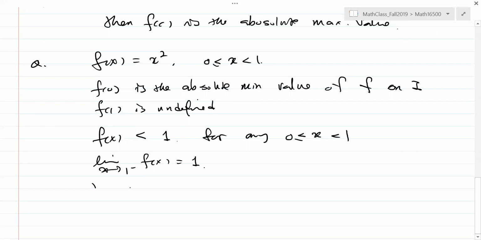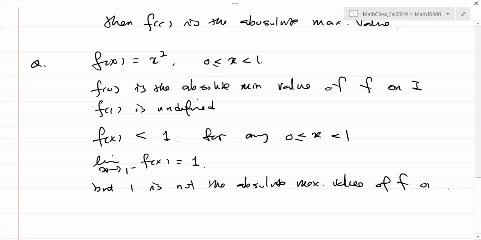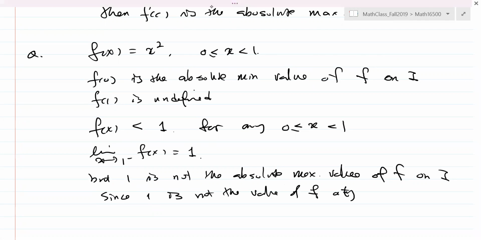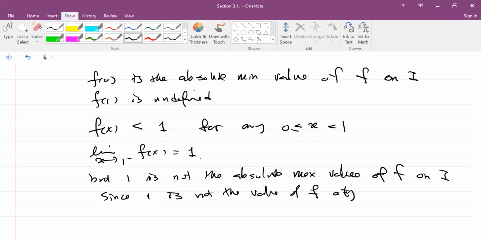So this is a concept, right? 1 is not the absolute maximum value of the function on the interval, because 1 is not the value of f at any number.